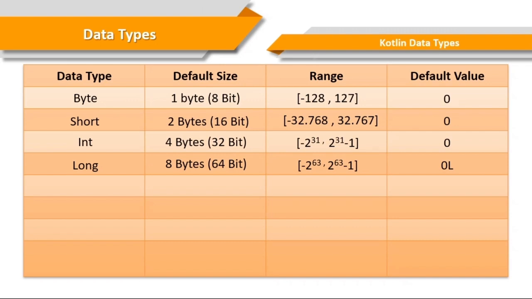Long has a minimum value of -2 to the 63rd and a maximum value of 2 to the 63rd minus 1. So you use this data type when you need a range of values wider than those provided by int.